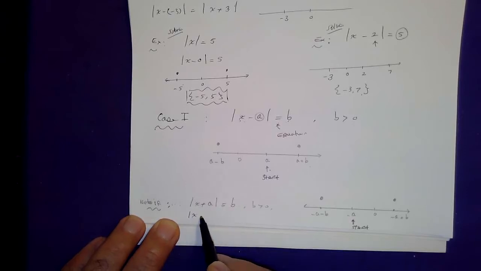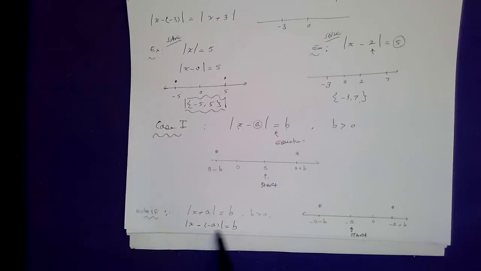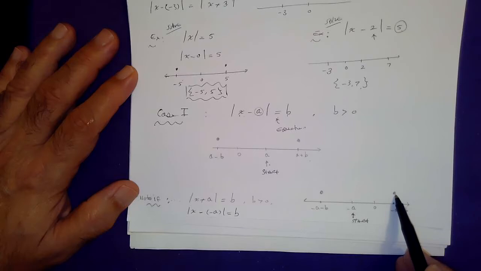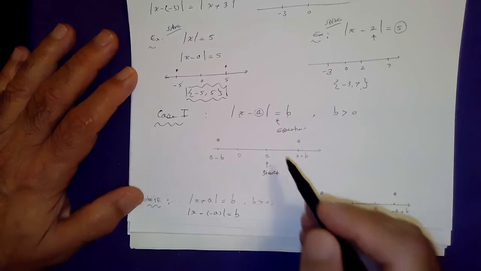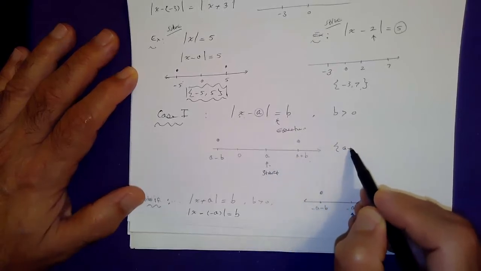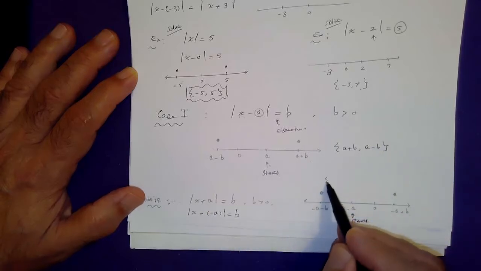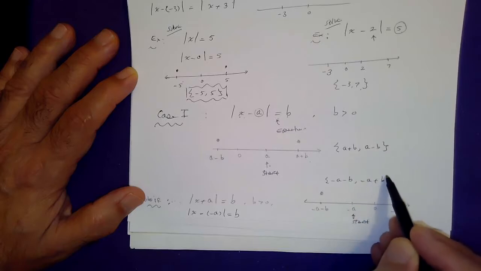Because the difference between two numbers on a number line is always defined as the absolute value of the difference between the numbers, not the sum. So in this case, you take negative a, add b to it, and you get one of your solutions, and take negative a and subtract b from it, and you get your second solution. So in the first case, the solutions are a plus b and a minus b, whereas with the plus sign, you get minus a minus b, and minus a plus b.